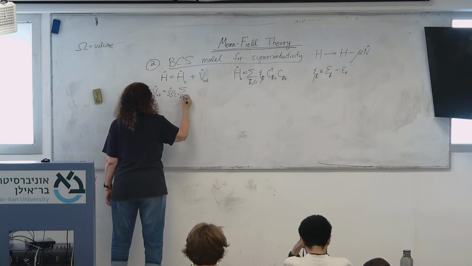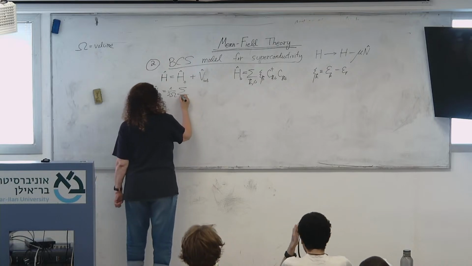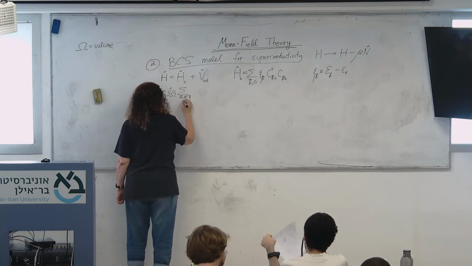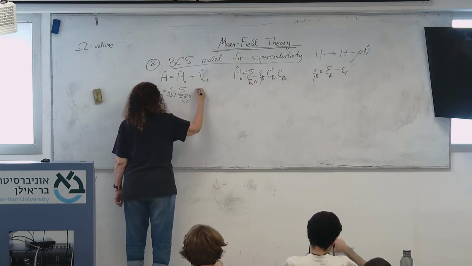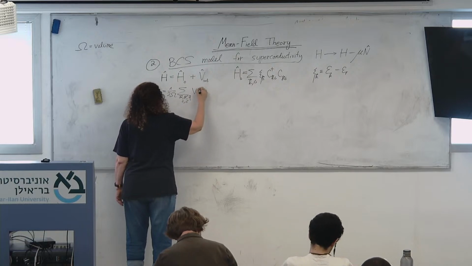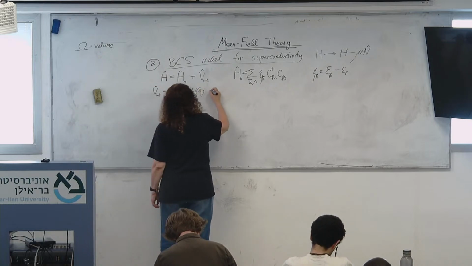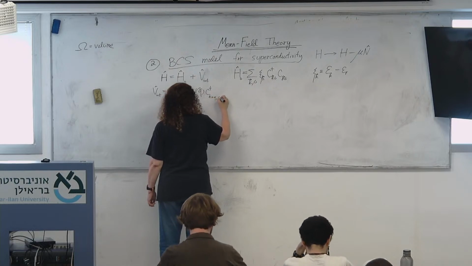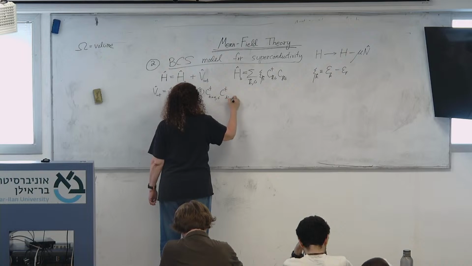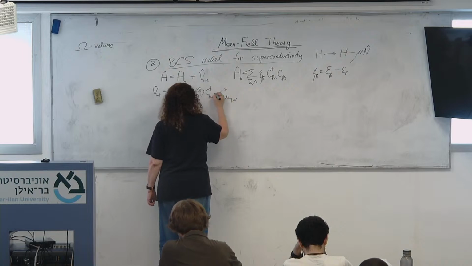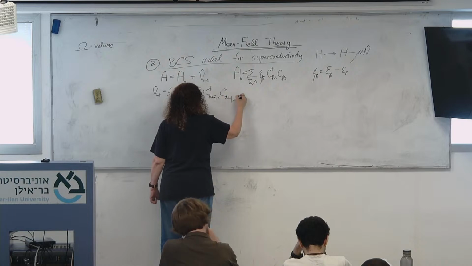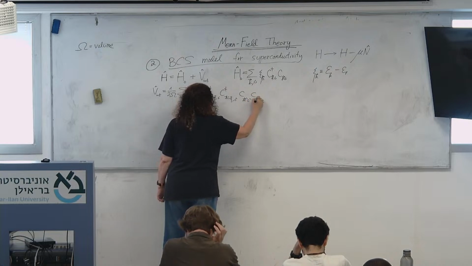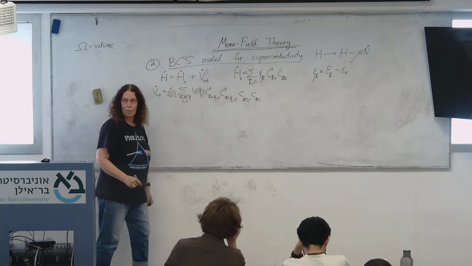It's a sum over K, K prime, Q, sigma, sigma prime, and then we have V of Q, C dagger K plus Q, C dagger K prime minus Q, okay, vectors here, C K prime sigma prime, C K sigma. Okay, that's a general interaction term.